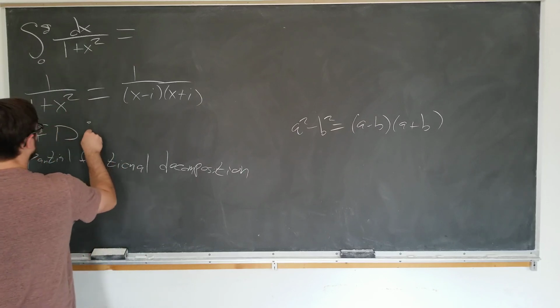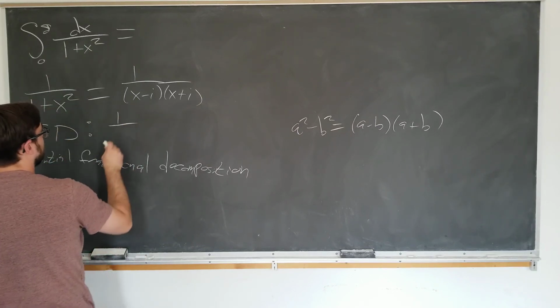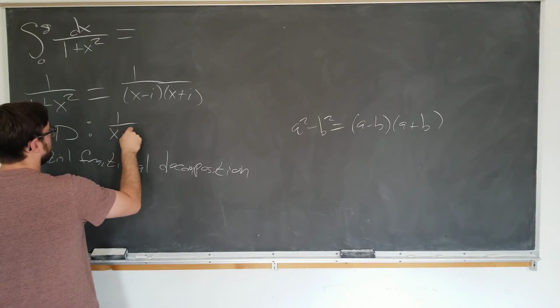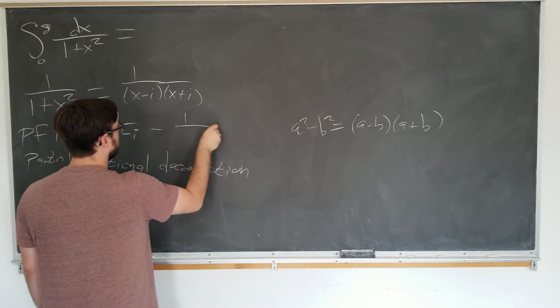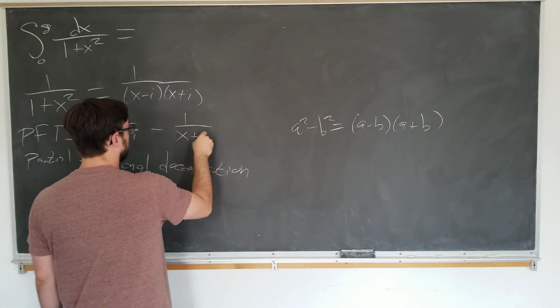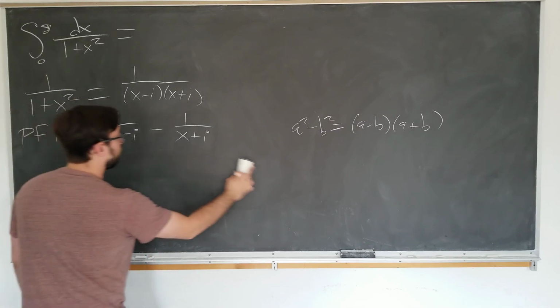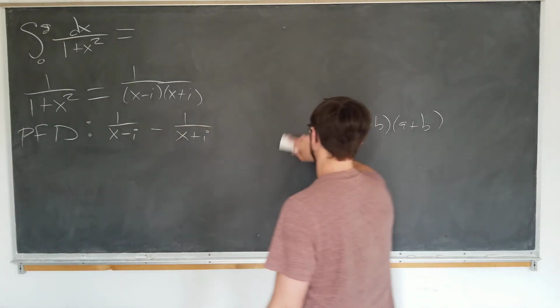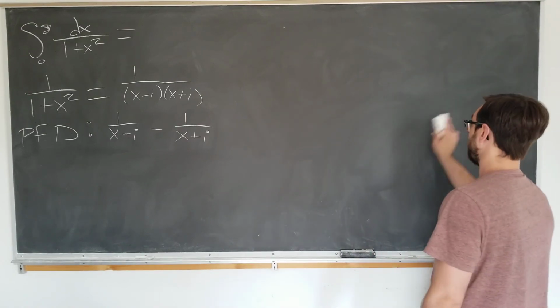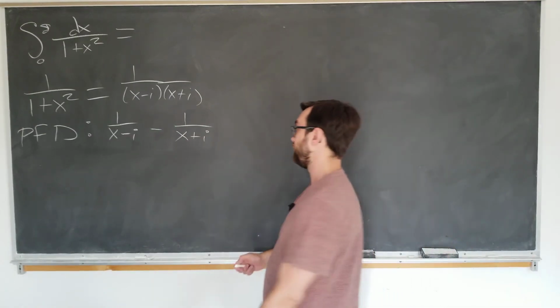We are going to guess that it's proportional to 1 over x minus i minus 1 over x plus i. Why would we guess this? Well, we've done partial fractions before. We think it's going to be this. Maybe there'll be a minus sign, but let's see what we get.